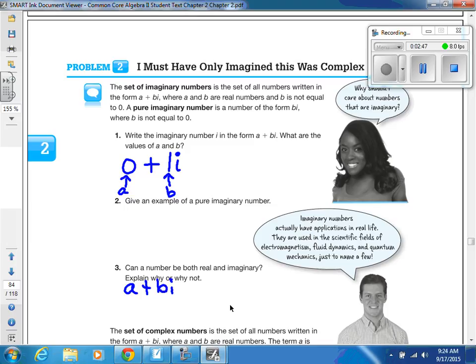Well, if A is 0, then it's just imaginary. Or B would have to be 0. And if B is 0, then it's just real. So it can't be both. One of these would have to be 0. And if it's 0, then it's not there. There's nothing there.